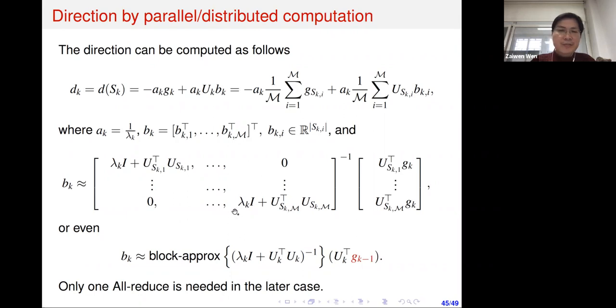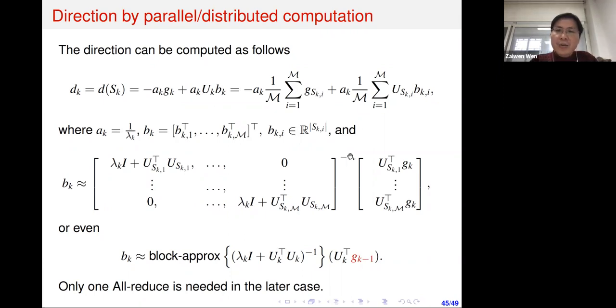Another point: if you do it this way, G_k is a mini-batch gradient, the summation of those things. Then if you take a look at this expression, you have to do two all-reduce operations, separately for each of those summations.